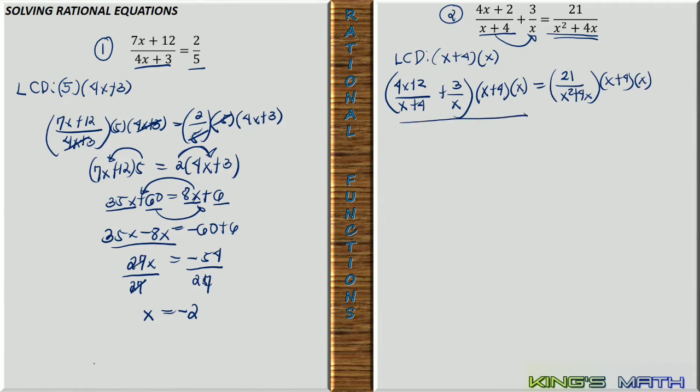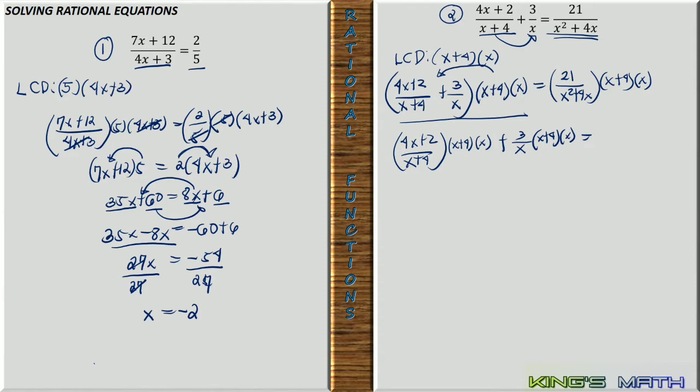Here, we're going to multiply the multiplier to each term of our multiplicand. So we have 4x plus 2 over x plus 4 times x plus 4 times x, then plus 3 over x times x plus 4 times x.